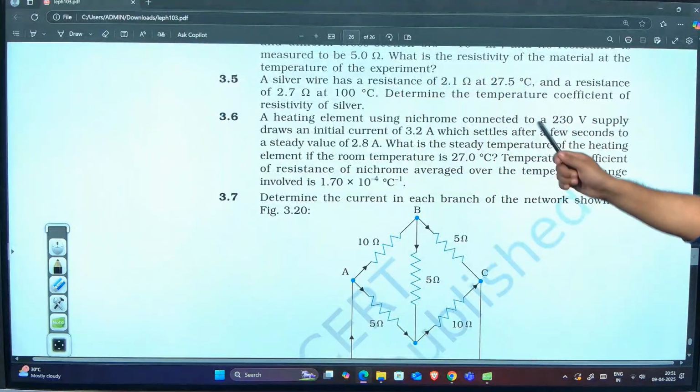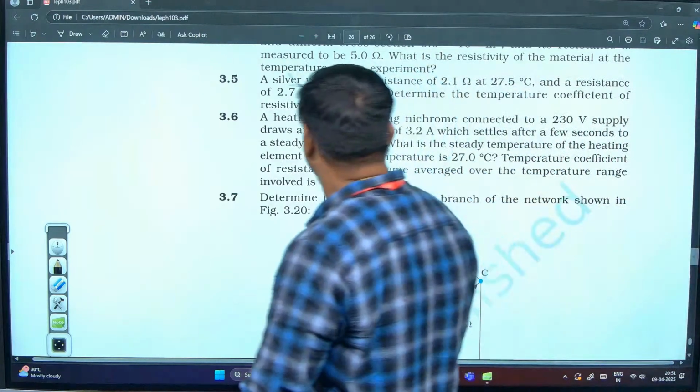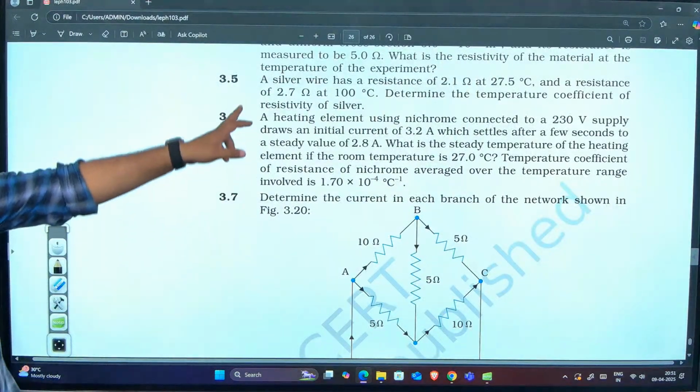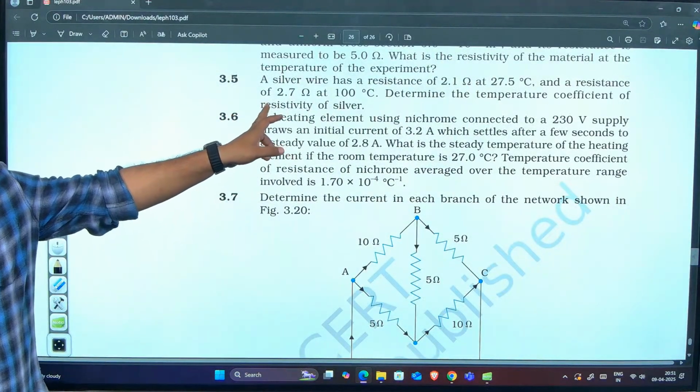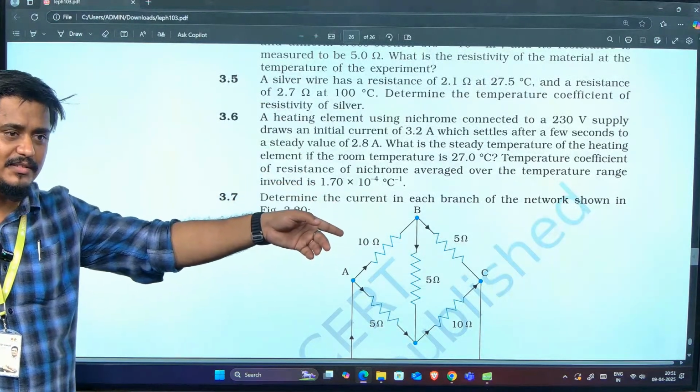3.5. A silver wire has a resistance of 2.1 ohm at 27.5 degrees Celsius and a resistance of 2.7 ohm at 100 degrees Celsius. Determine the temperature coefficient of resistance. Got the answer for 3.5? How much did you get? Matching with the book back?